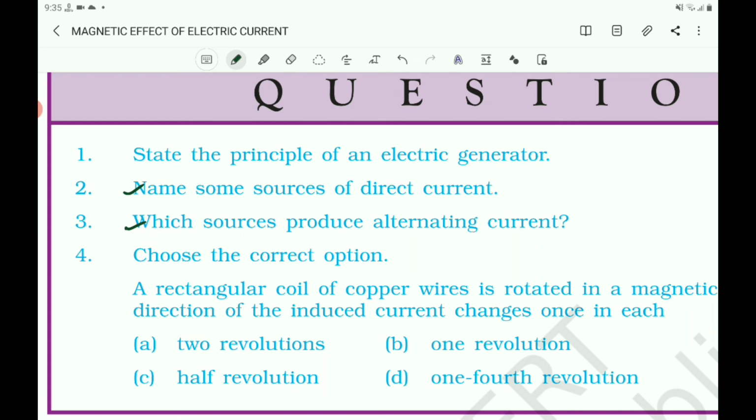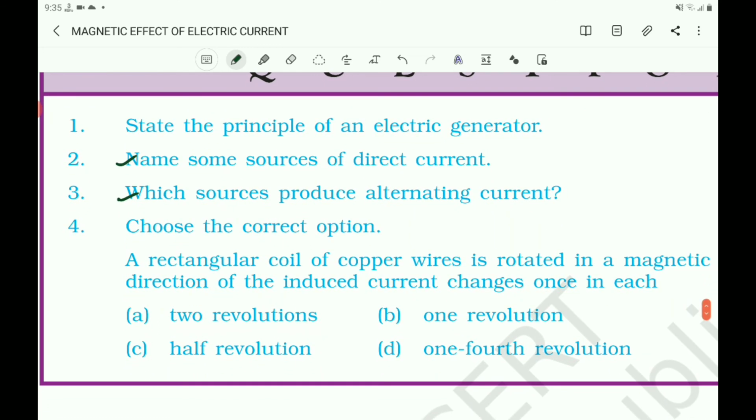Alternating current is produced by AC generators of nuclear power plants, thermal power plants, hydroelectric power plants, etc. In all the power stations, alternating current is produced.